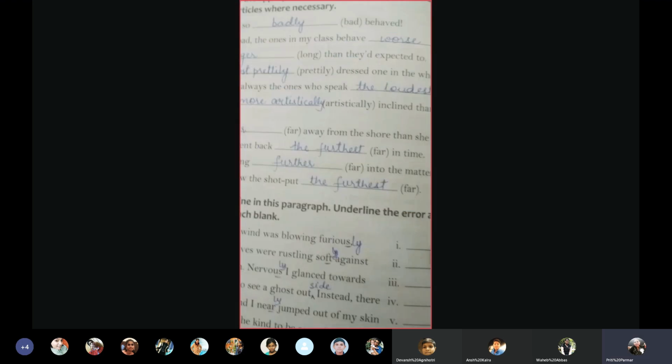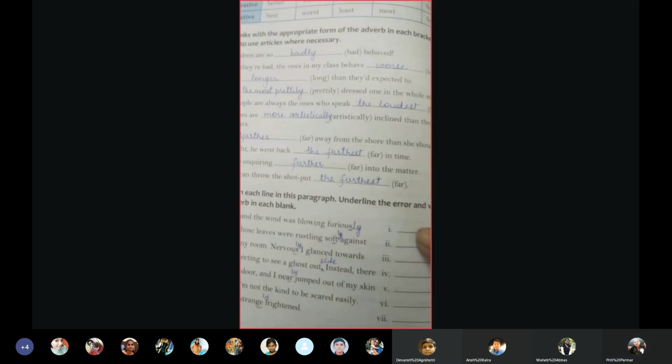C and D. Before that, just see the upper jotter they have given you here. By irregular constructions. Read the table below to understand some irregular constructions and comparison of comparative and superlative.